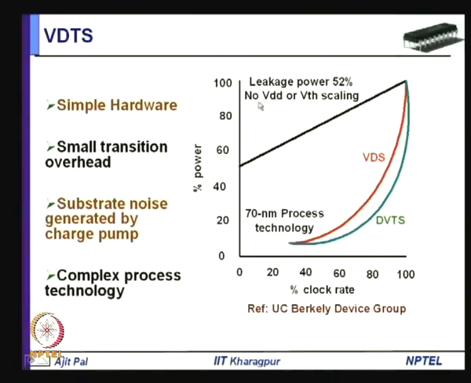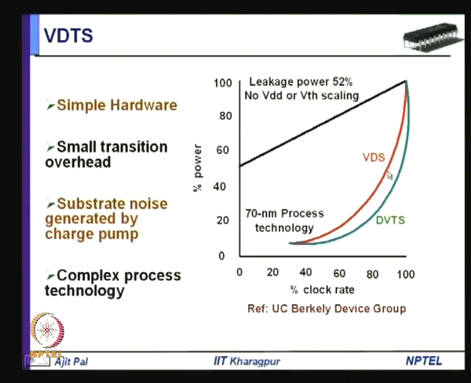So, if you do not do supply voltage scaling or threshold voltage scaling, and simply reduce the clock rate as the workload is reduced, you can see the dynamic power reduces linearly. So, 48% reduction in dynamic power will take place.